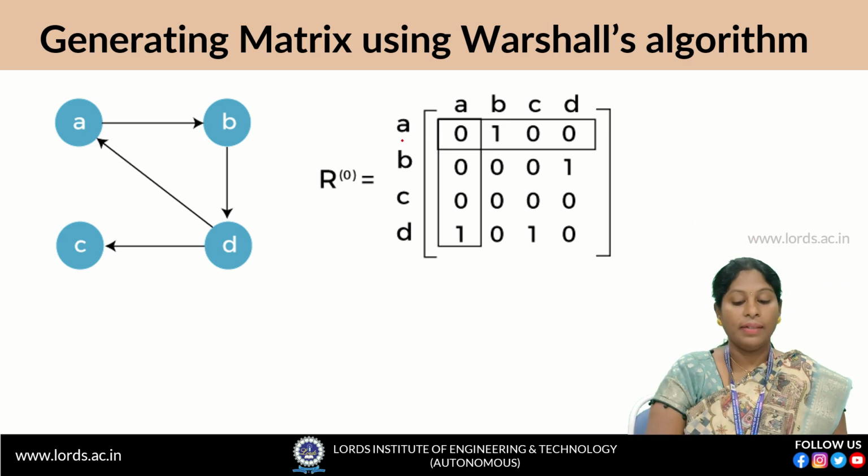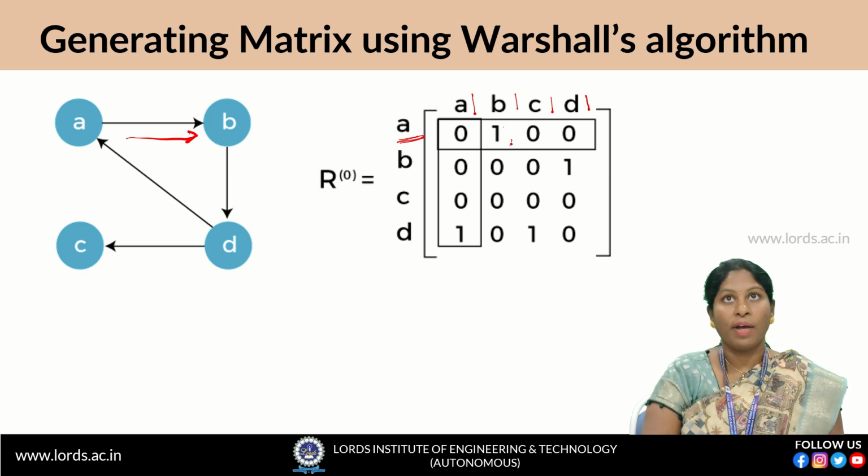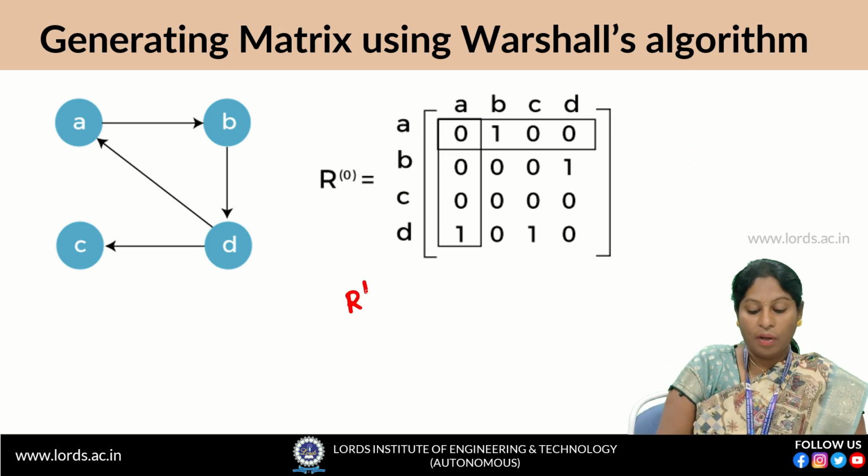Let us give the numbering for the A row and A column, A row and B column, A row and C column, A row and D column. Here we have a route from A to B, so for A to B we have given 1 as a value. The remaining zeros mean there is no route from A to C, A to D and A to A. So now we need to find R1.